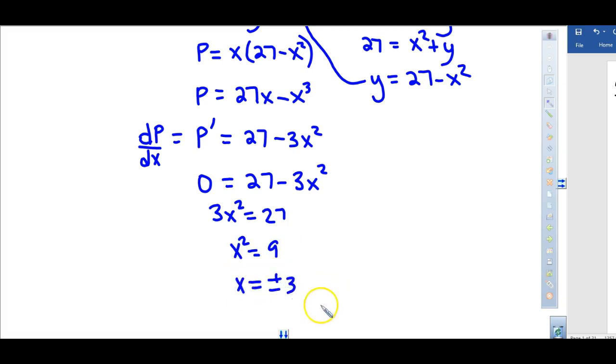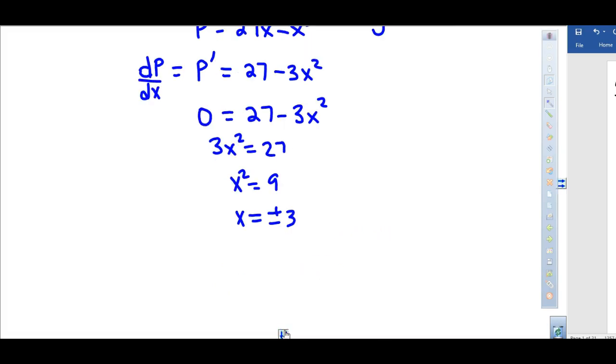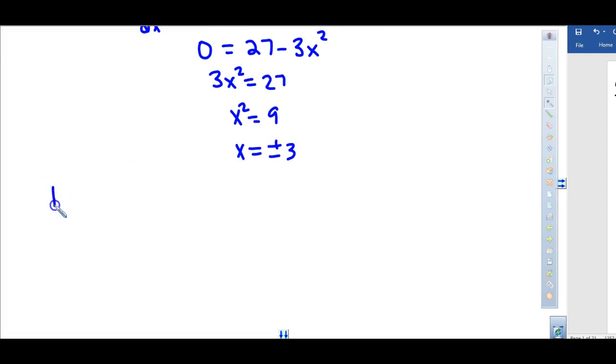So I get x is equal to plus or minus 3, and now I'm going to do a sign analysis on this one to figure out which one is my maximum, because that's the one I'm looking for.